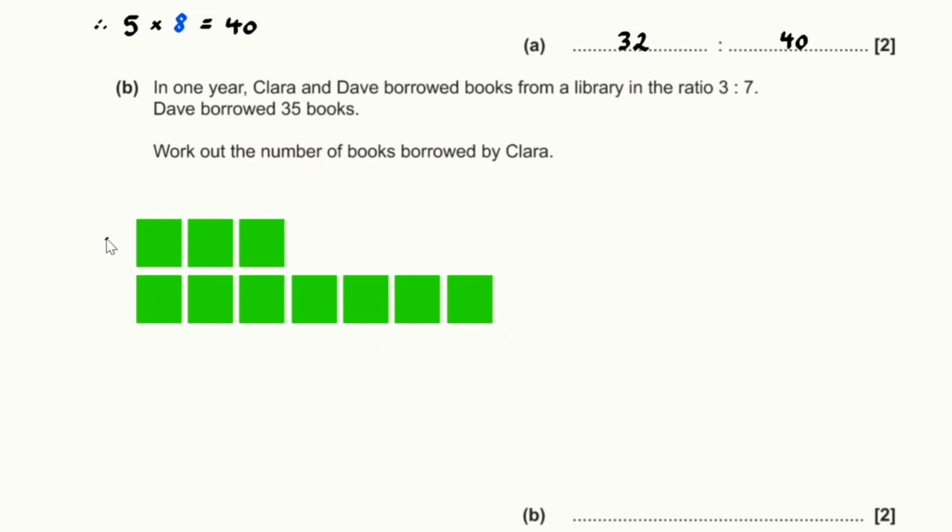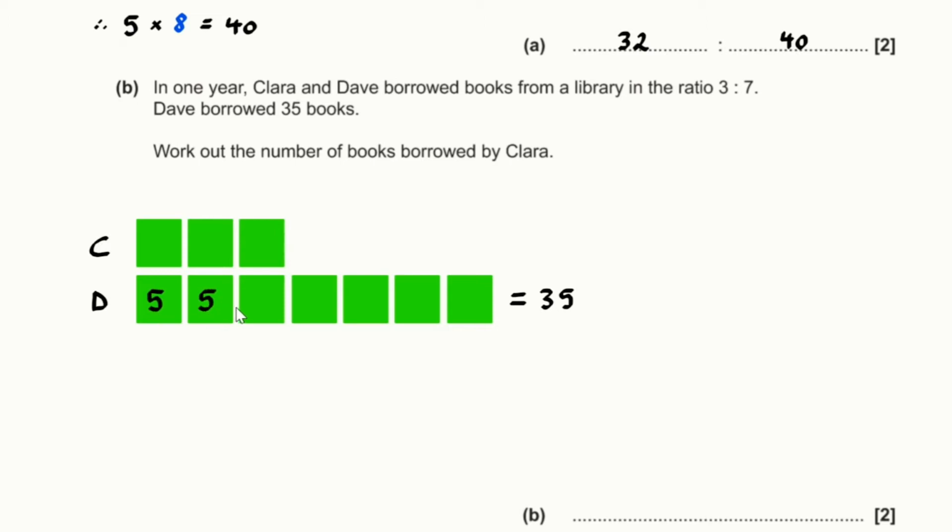We've got Clara and Dave, and we know that Dave borrowed 35, so the total here is equal to 35. So each part is worth 35 divided by 7, which is equal to 5.